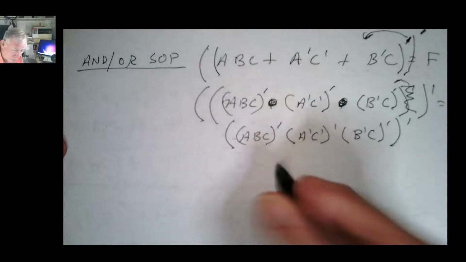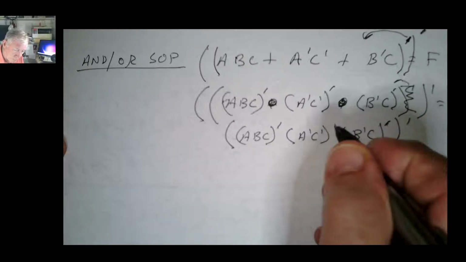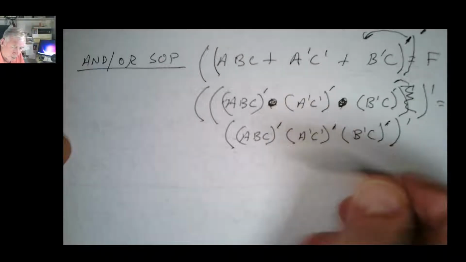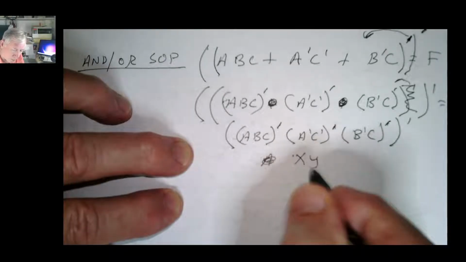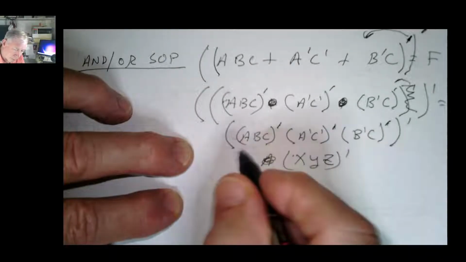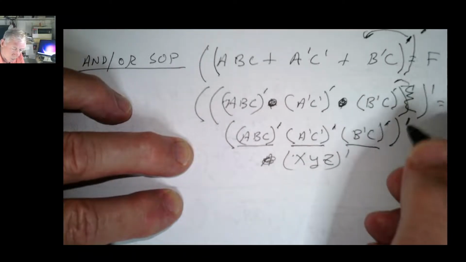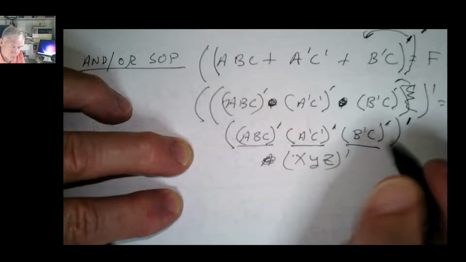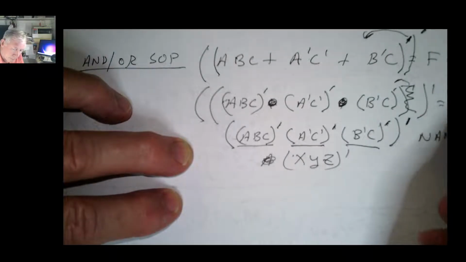Well, that's a NAND. That's a NAND because of these ticks. And then the whole thing is really like X, Y, Z with a tick, because this, all with a tick on the output, represents another NAND gate. So this is in NAND form.